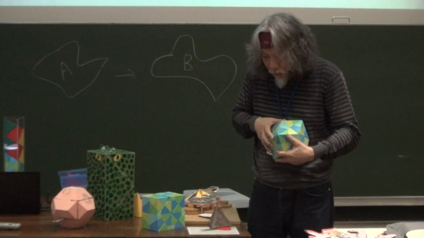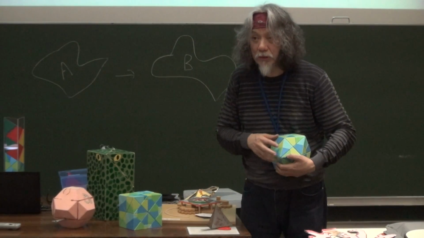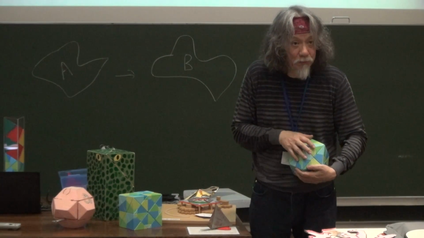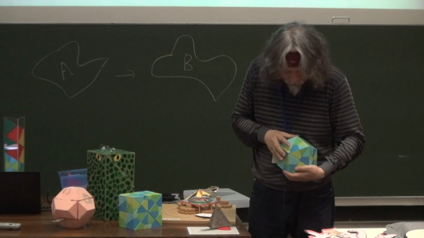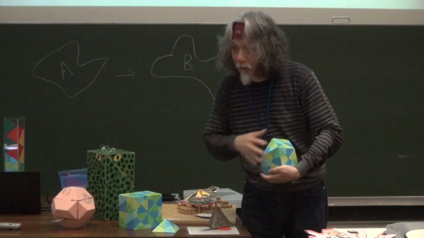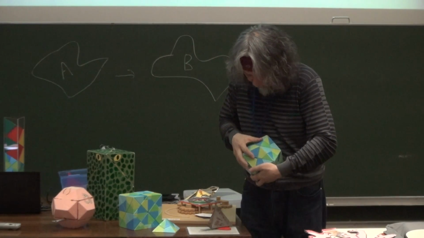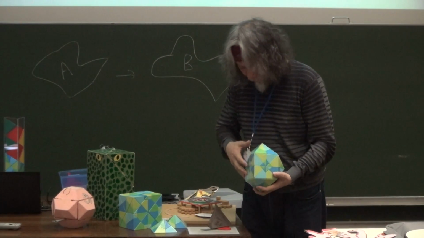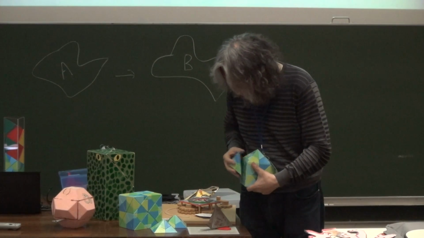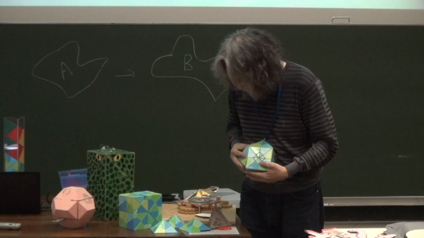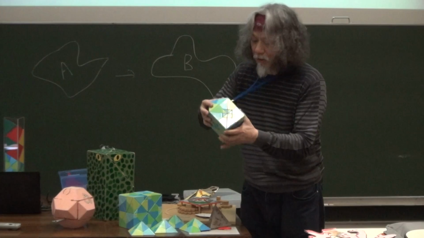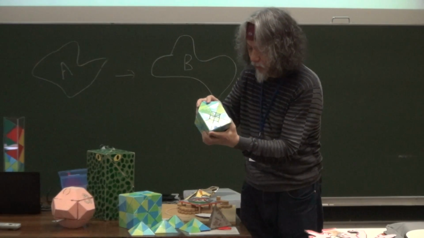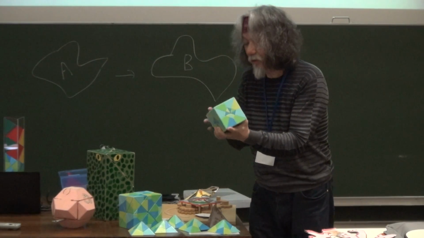And if you would like to make a cube, which is also a space filling solid, okay, so if you remove this part, okay, this part, maybe you see, you have already seen a cube.